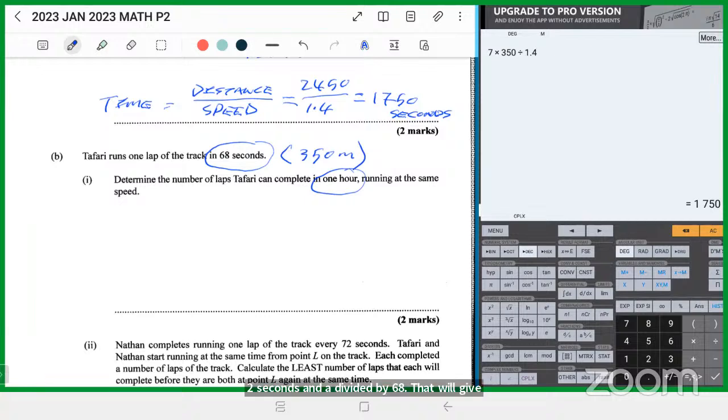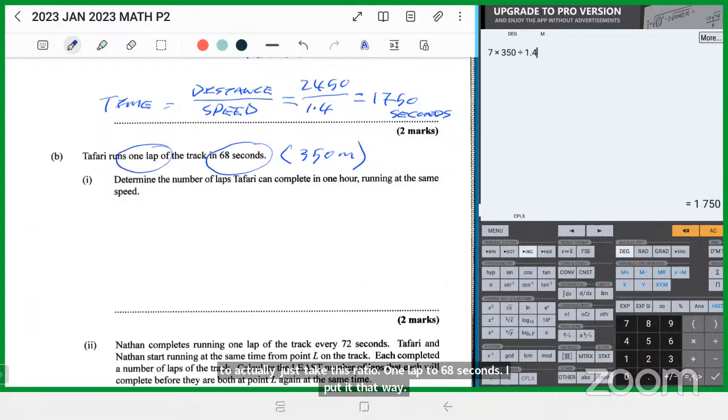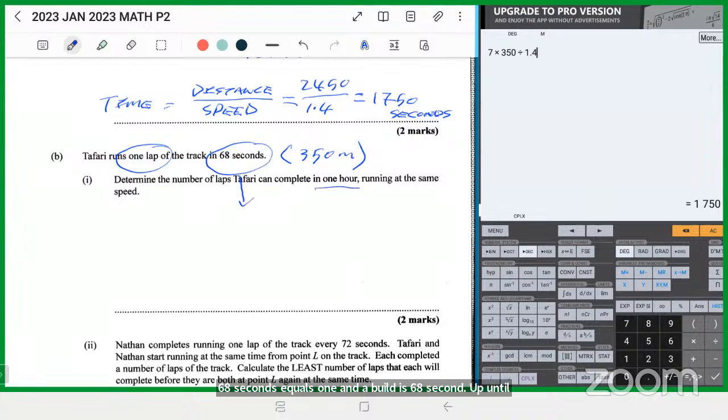The second way to do it is to take this ratio, 68 seconds equals 1 lap, and you build this 68 seconds up until you reach 1 hour. You can do it that way as well. Should be 3,600 seconds. Somebody says 3,600.